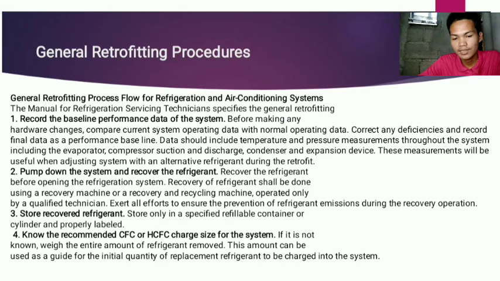Correct any deficiencies and record final data as a performance baseline. Data should include temperature and pressure measurements throughout the system, including the evaporator, compressor, suction and discharge, condenser, and expansion device. Those measurements will be useful when adjusting the system with an alternative refrigerant during the retrofit.